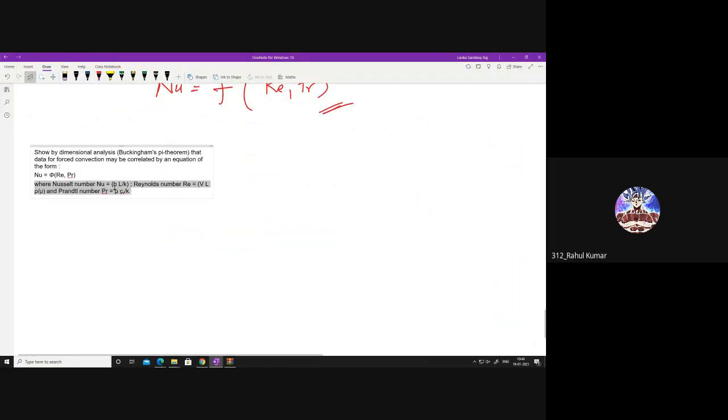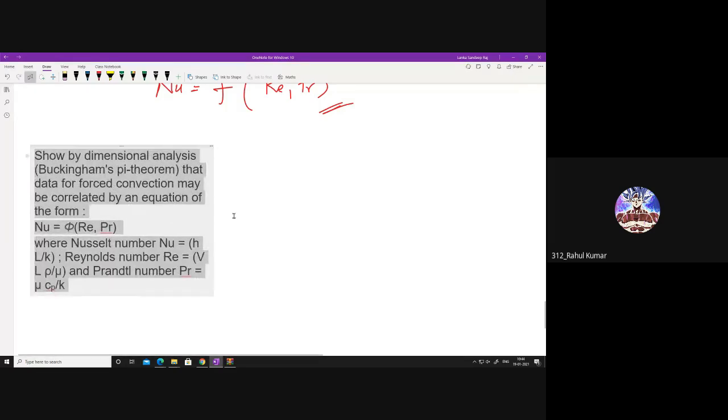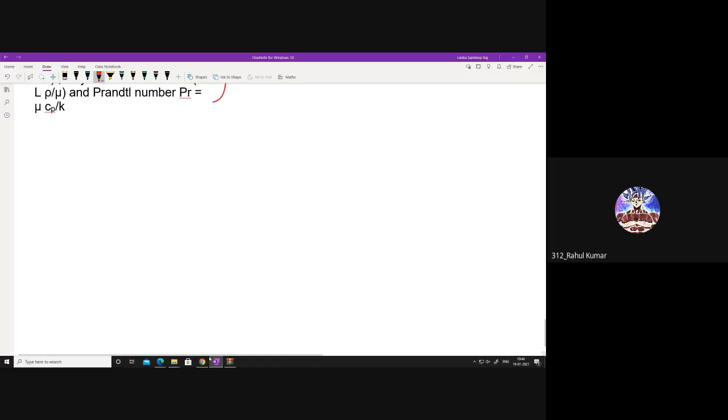So this is how Buckingham's pi theorem will help you relate between the terms. So that's the thing with your second problem also. So moving to the third one.